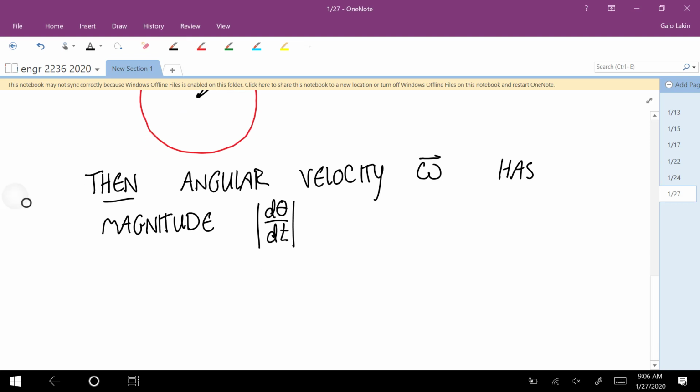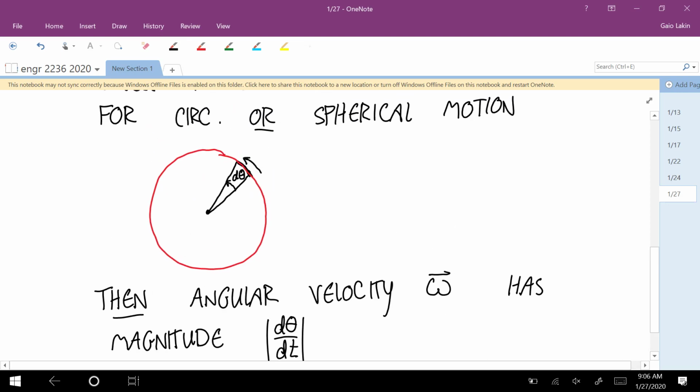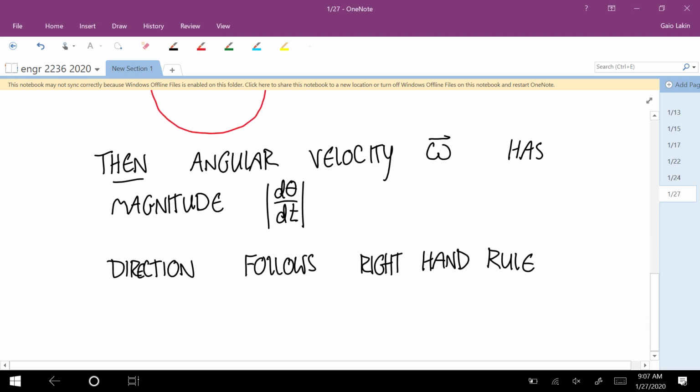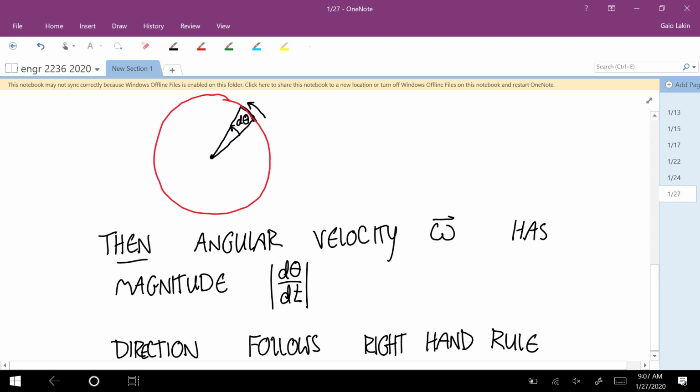And the direction follows the right-hand rule. Let me go back to this circle.